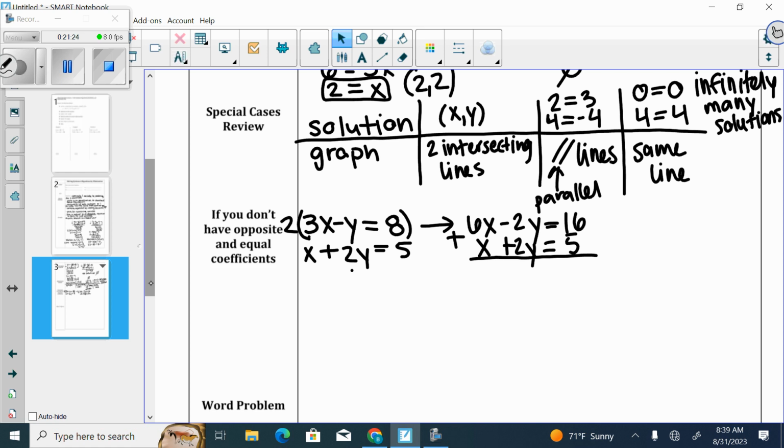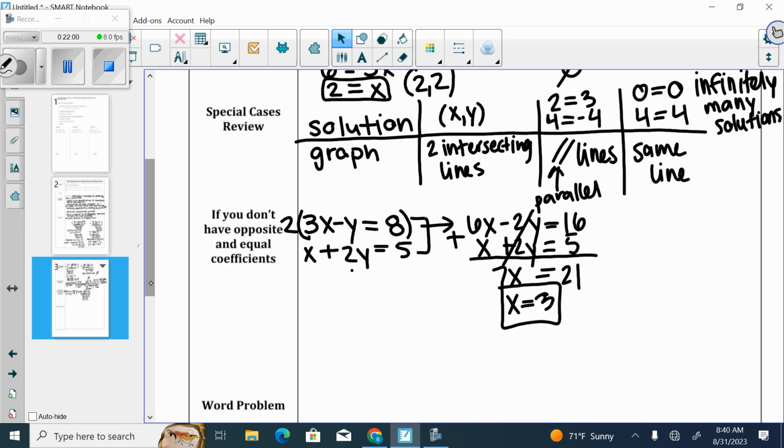So what do we get when we add those x values? Good. And what happens to those y's? Good. And 16 plus 5 gives us, good. So x must be, very good. Okay, so we solved for x. Now we just need to find y. So remember, we can go back to the original equations and substitute into either.